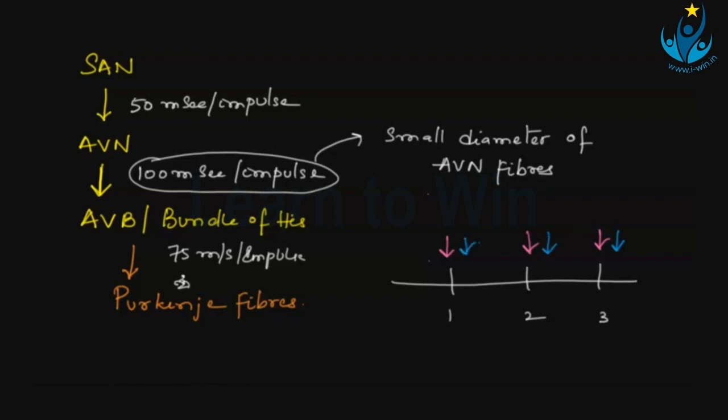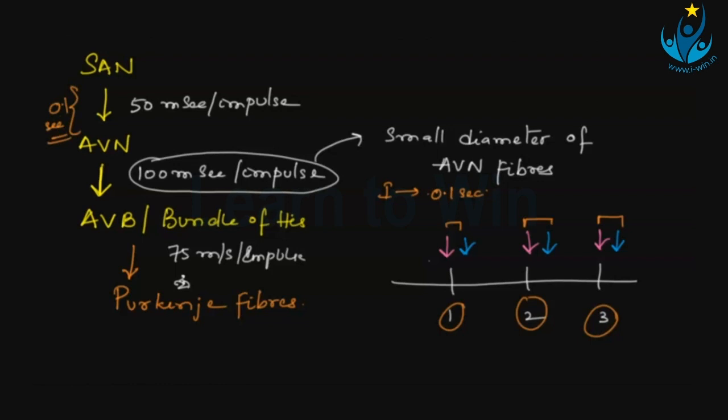The blue ones are the ventricular contractions. In fact, there is a considerable delay between the atrial and ventricular contraction, even though they are happening every second. This delay is 1/10 of a second, or 0.1 seconds. That means the impulse from the SAN node to the AVN has a delay of 0.1 seconds in between.